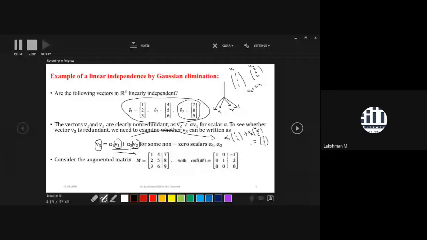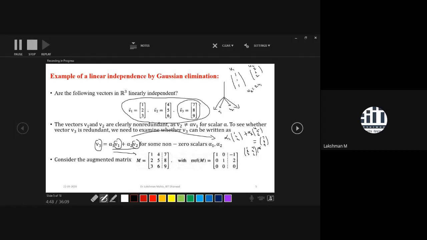So it is a system of linear equations. Consider the first vector V1 as the first column, 1, 2, 3. The second column would be V2, 4, 5, 6, and alpha 1 and alpha 2 are the unknowns we want to find.